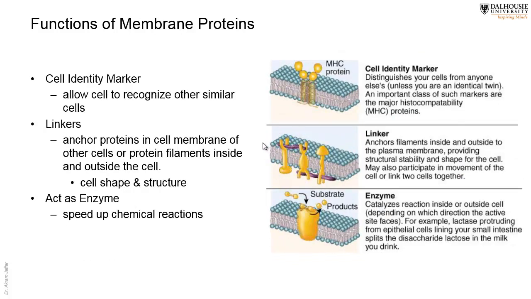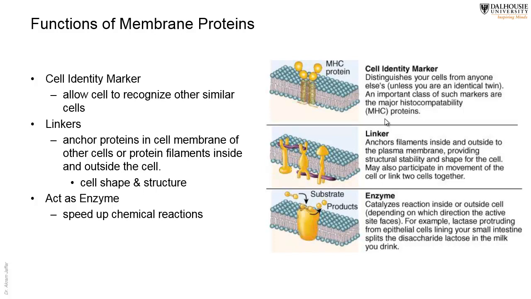Also, the proteins are markers of cell identity, same as the glycocalyx, and some of them act as linkers. They anchor proteins of other cells, or they might anchor proteins present in the filaments. Filaments are a kind of organelle that we are going to talk about next week when we talk about the organelles of the cell. So they anchor these filaments, which are present inside the cell.